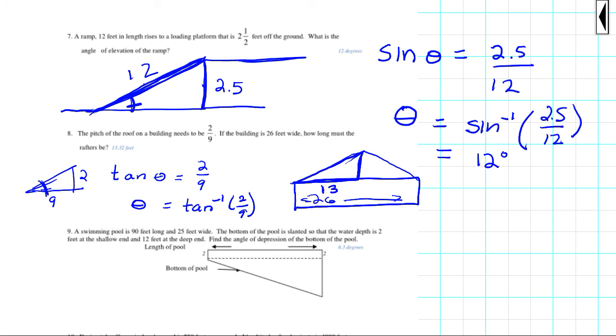Now we know what this angle is. That angle is the inverse tangent of 2 over 9.